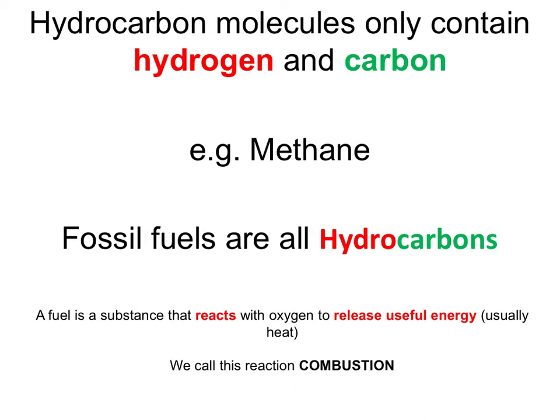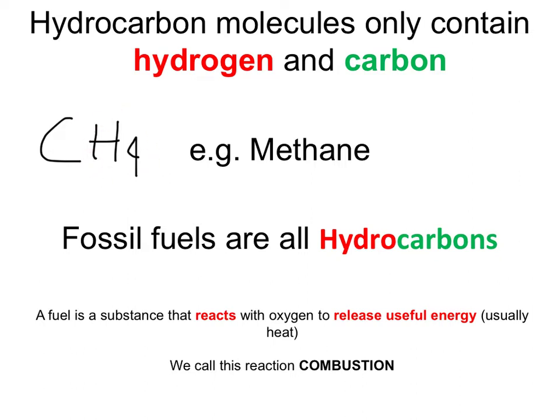In the first video we talked about hydrocarbons, and we explained that hydrocarbons are very simply just hydrogen and carbon bonded together by covalent bonds. A simple example of a hydrocarbon would be methane, which is CH4, which means it has a single carbon and 4 hydrogens.